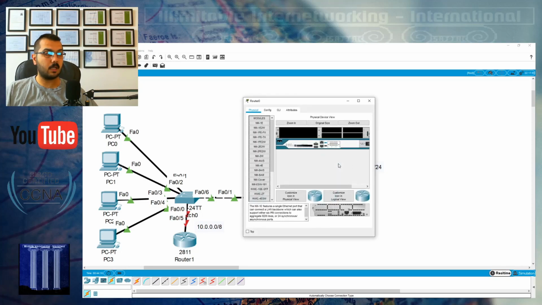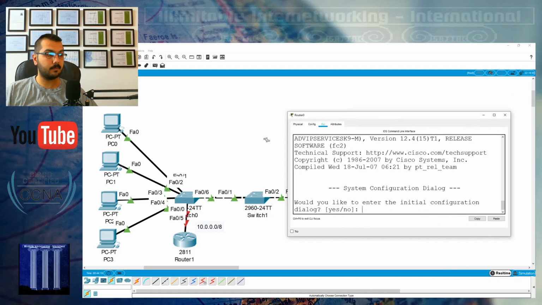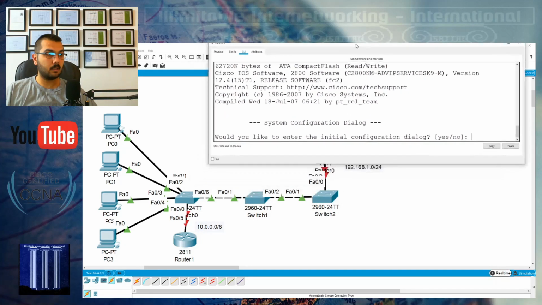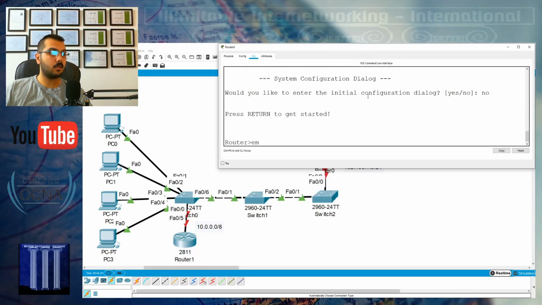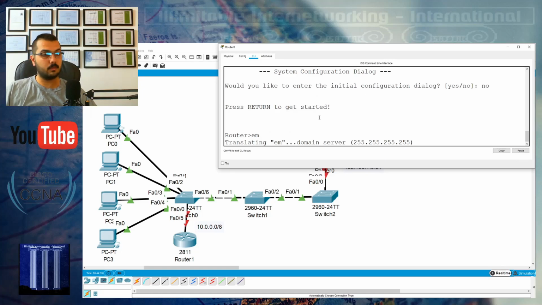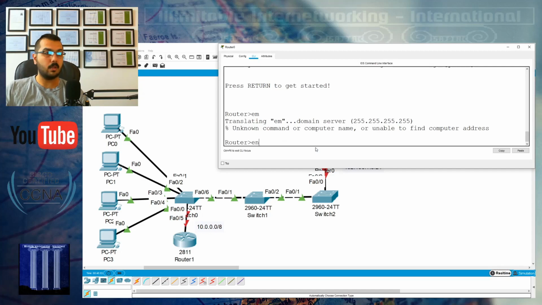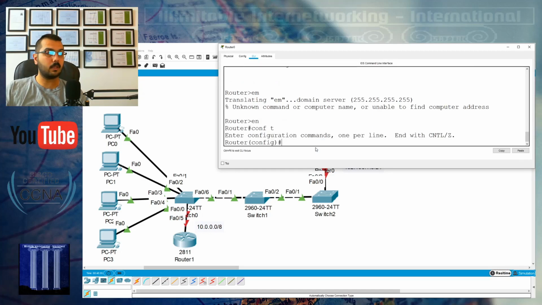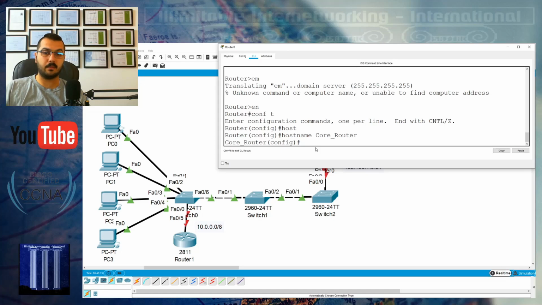So for this guy, the first one, we'll go to the CLI. Enable, configure terminal, hostname. This will be the core router, so we can identify it.